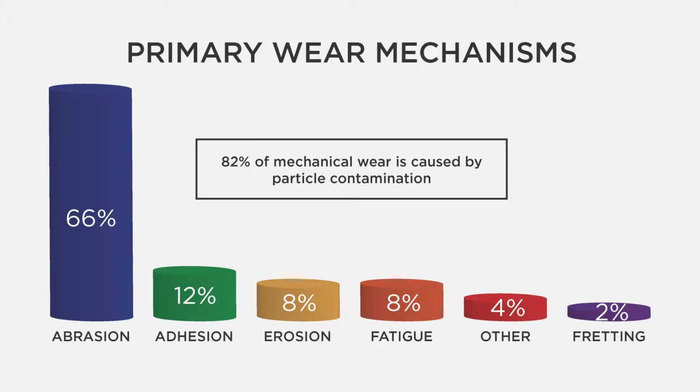Turns out most mechanical wear and corrosion is really attributable to just one aspect of lubrication, and that is contamination. Particle contamination and moisture contamination work together or on their own to cause most corrosive wear and certainly most mechanical wear.